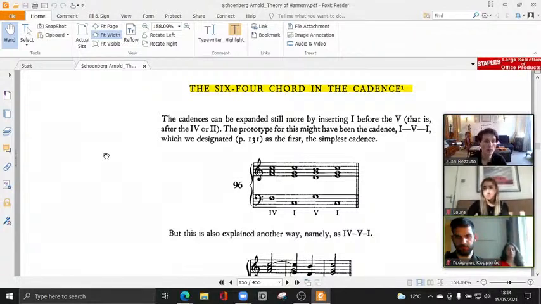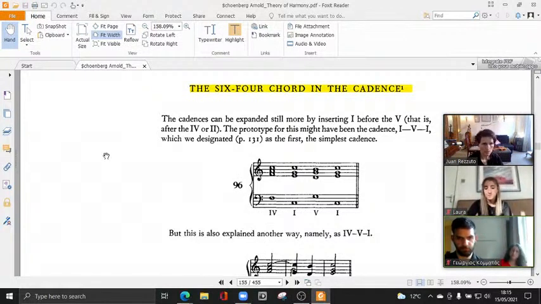We have already seen the 6/4 chord, and it has certain characteristics that in the cadence contribute to the progression of the cadence. Remember, the more chords contribute to the cadential moment, the more important it will be.